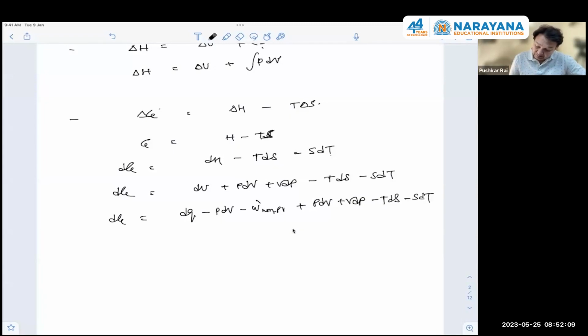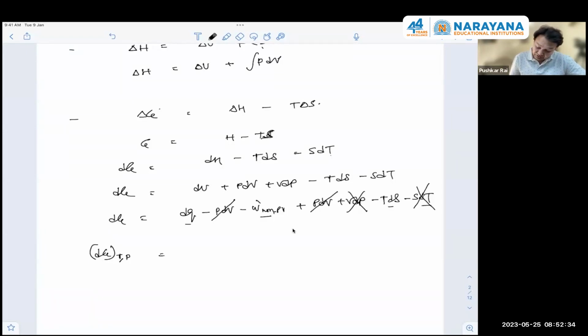So the PdV term cancels out. Even if it is there, it will cancel out. And this dq minus non-PV and these TdS and S dT terms are also already there. Then we write dG at constant temperature and pressure. If we additionally apply this condition, then this term will vanish and this term will vanish.